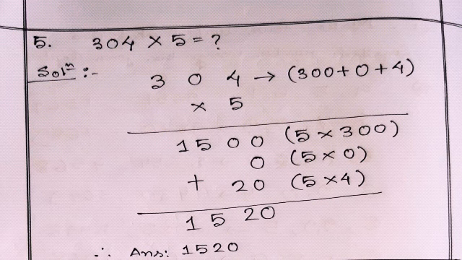If we multiply 300 by 5, we will get 1500. If we multiply 0 by 5, then we will get 0. And if we multiply 4 by 5, then it will be 20. So arrange all the numbers in proper columns like ones, tens, hundreds and thousands. Then you have to add it, and after adding you can write the answer. So the answer is 1520.